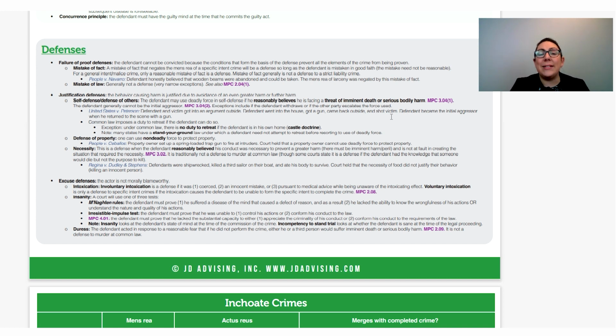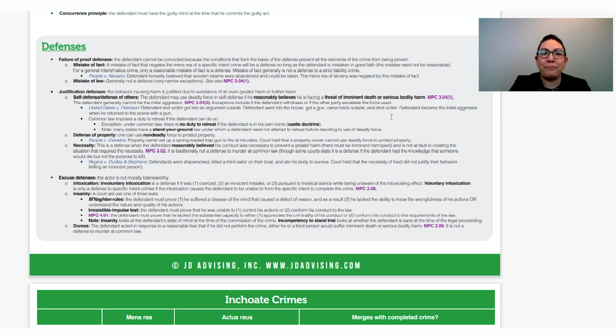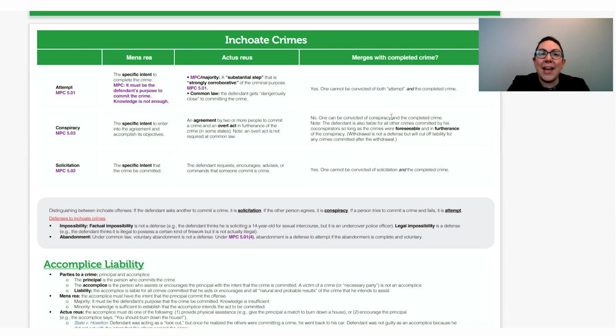That's why it's helpful to have a good understanding of the different mens reas, because as we saw with some of the defenses, sometimes they only apply to things like specific intent crimes. So knowing what a specific intent crime is helps you see if the particular defense here could apply to that crime.